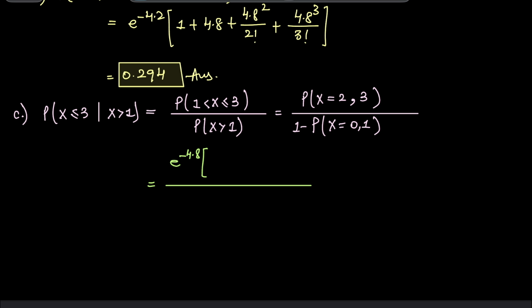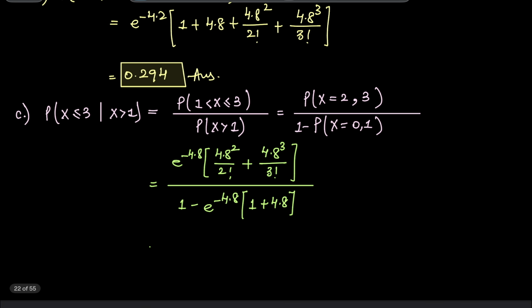For x equals 2, it is going to be 4.8 with exponent 2 over 2 factorial, plus for 3 it is going to be 4.8 raised to the power 3 over 3 factorial, close the brackets. Then we have 1 minus e raised to the power minus 4.8, open the brackets, 1 plus 4.8, close the brackets. And now when we write down the final answer, it is going to be 0.259.